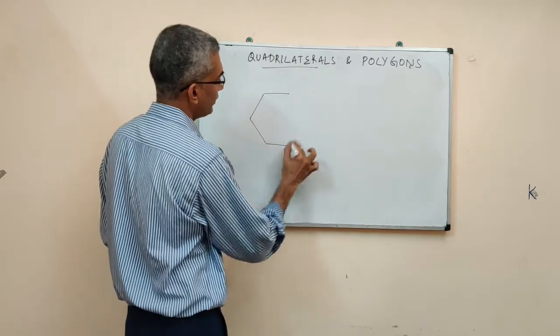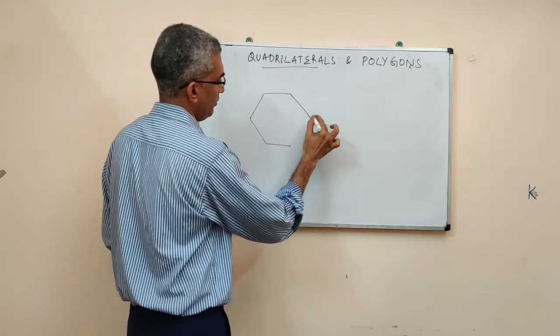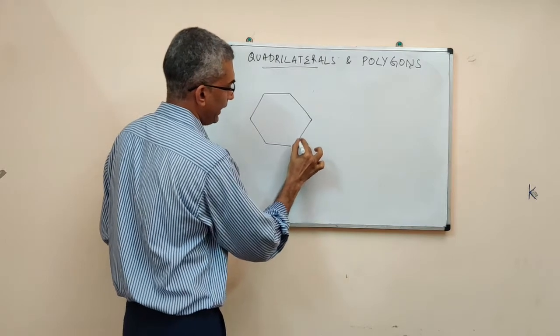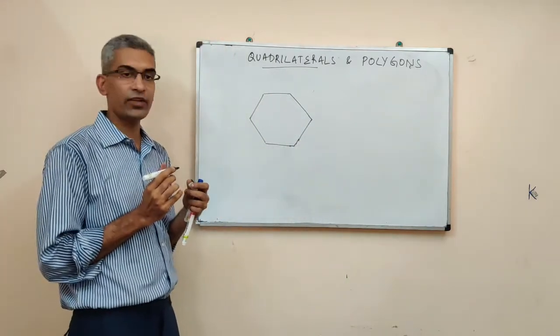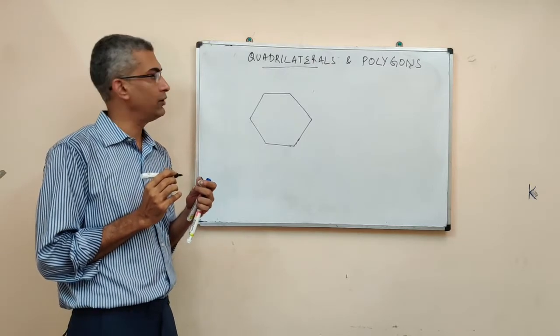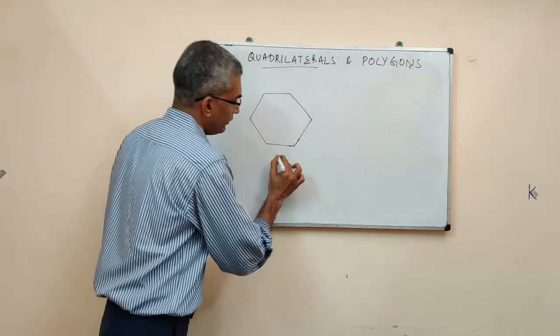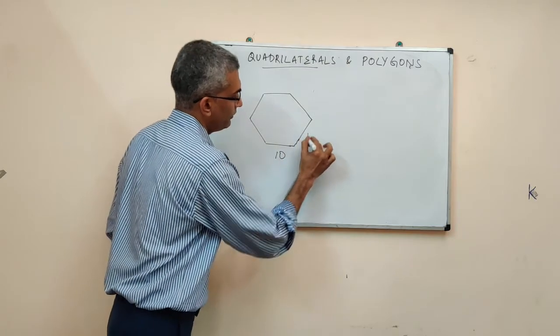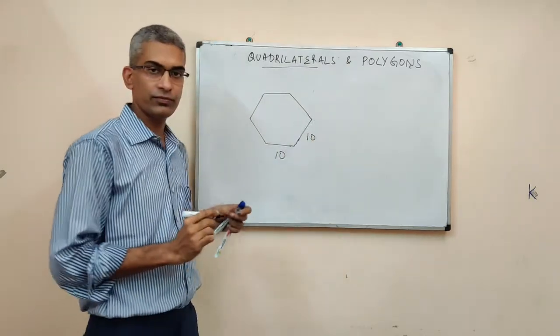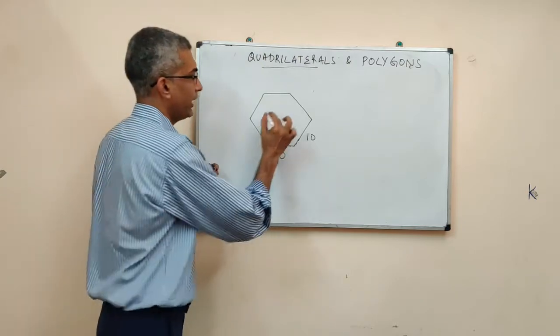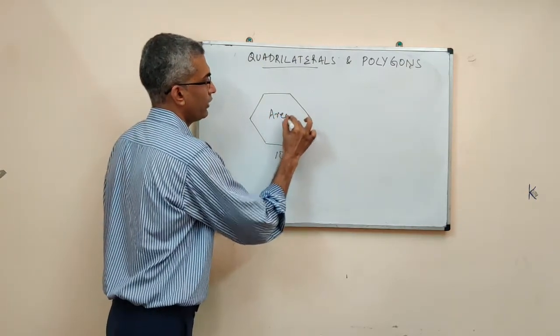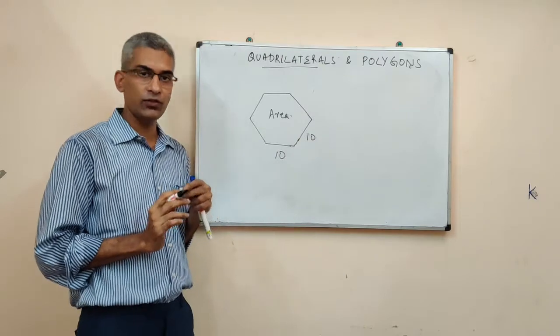What do you mean by a regular hexagon? A hexagon has 6 sides. A regular hexagon is a hexagon where all the 6 sides are equal. Let's say the regular hexagon has side 10 centimeters. What is the area of this regular hexagon? You are asked to find the area and perimeter of this regular hexagon.